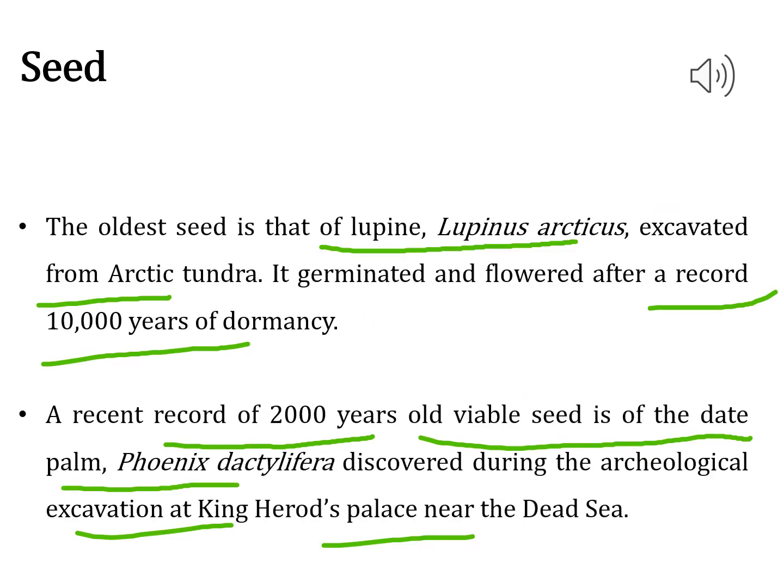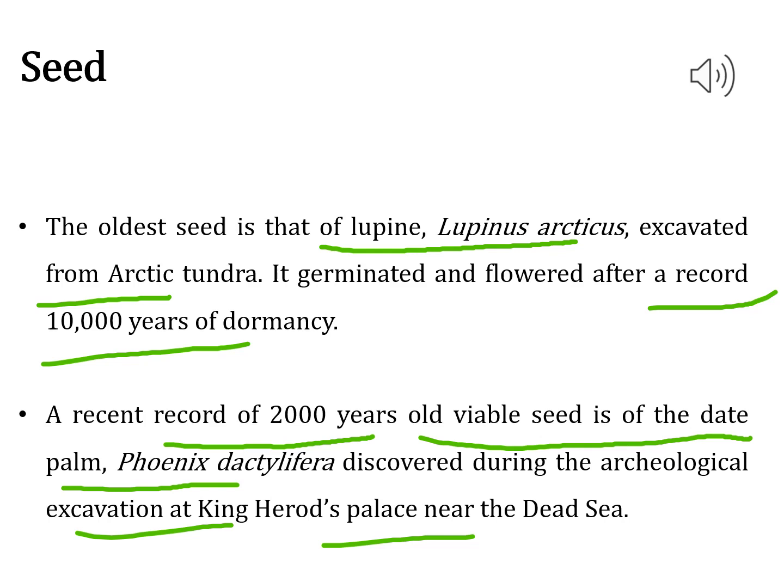Viability of seeds after dispersal. In a few species, the seeds lose viability within a few months. Seeds of many species live for several years. Some seeds can remain alive for hundreds of years. The oldest is that of lupine. The scientific name of lupine is Lupinus arcticus, excavated from the Arctic tundra.